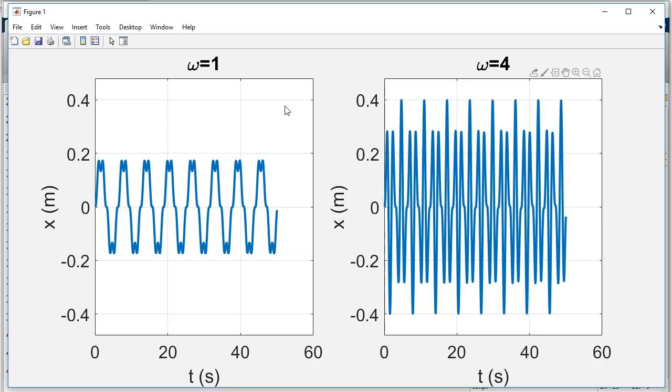And this is something interesting because we didn't change the amplitude of the force, as I said. And you can see here that there is no linear relationship between how much we increased omega, the frequency of the force, and how much increase we got in the amplitude of the displacement. So that's the comparison between omega 1 and omega 4.